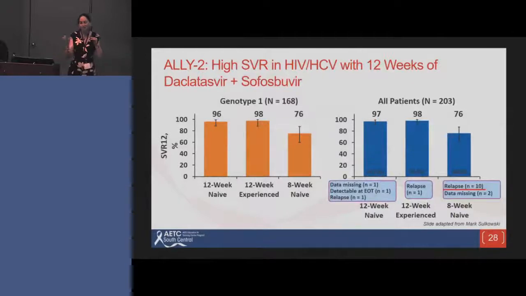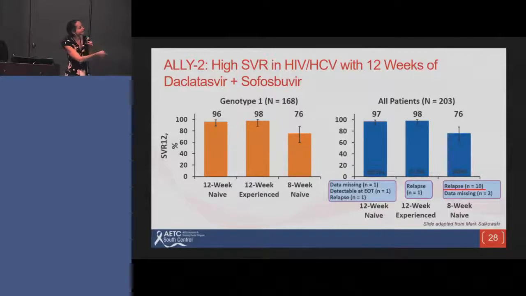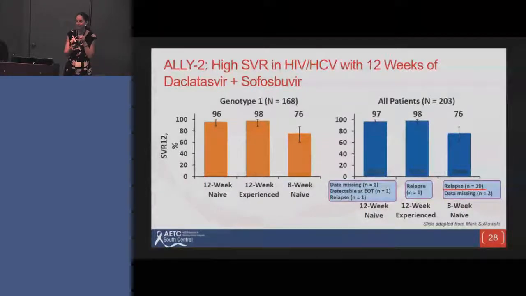So this is called the Ally 2. They tried to have all these witty names for all of the medications and different classes, and I don't know, they didn't excite me. But anyway, this is the Ally 2 study. And you can see that in the figure on the left, the SVR12, so 12 weeks after completing therapy, with both treatment experienced and treatment naive people, 12 weeks of treatment, dramatic SVR rates, 96, 98%.